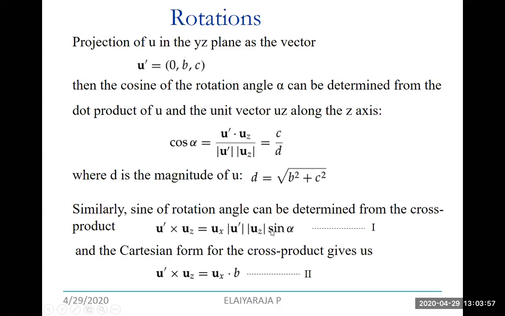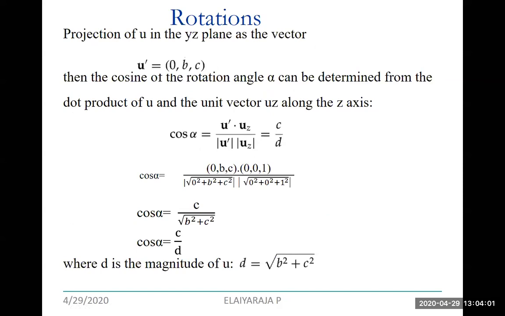Similarly with respect to the cross product for the sine theta value. So cos alpha is equal to u dash dot uz, where u dash is 0 comma b comma c, and the unit vector along the z axis is 0 comma 0 comma 1.